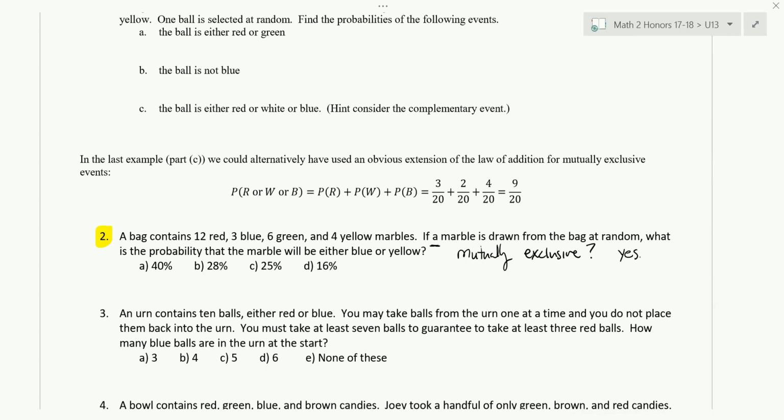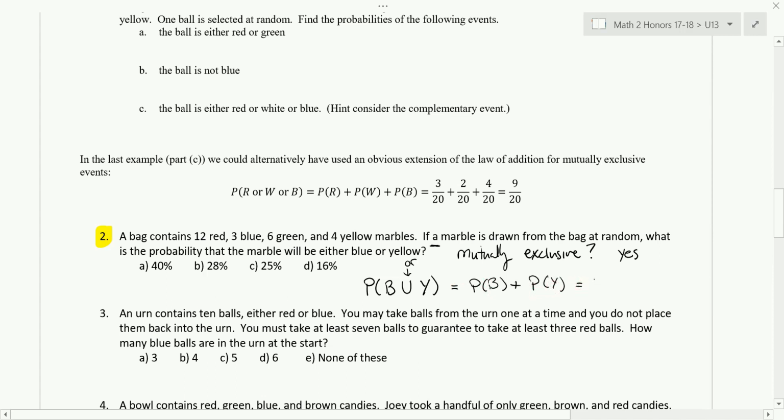And so we're going to put this together. We want the probability of blue or yellow. I'm just going to use the union just to remind you that means or. Okay, so blue or yellow. So that's going to equal the probability of blue plus the probability of yellow, because they're mutually exclusive.